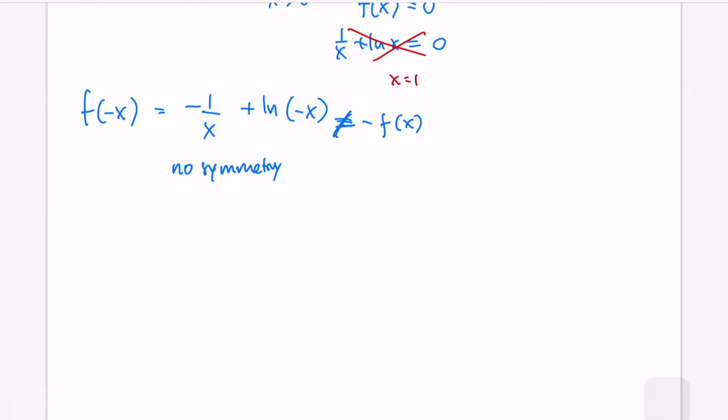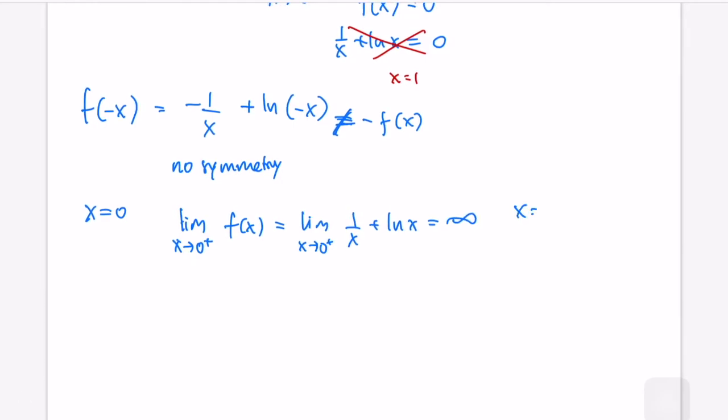Now, because we of course have an exception in the domain at 0, we will probably have a vertical asymptote. So let's check from the right, because that's the domain of f(x). This will result in infinity. So x = 0 will be our vertical asymptote.